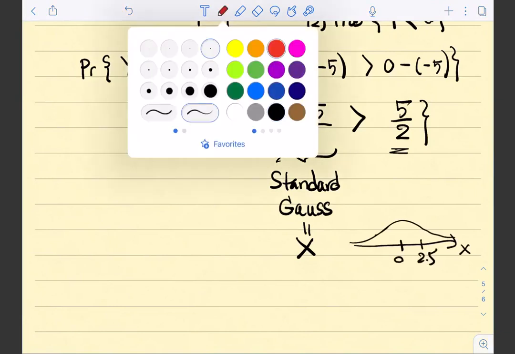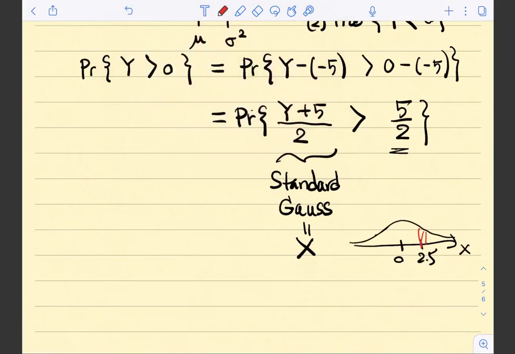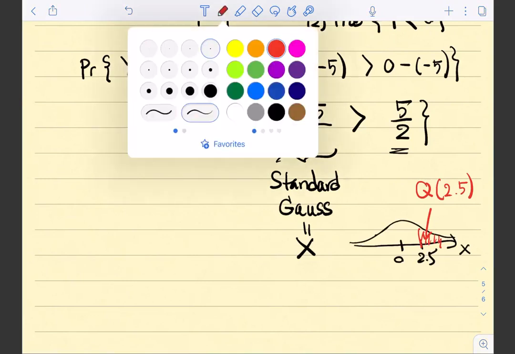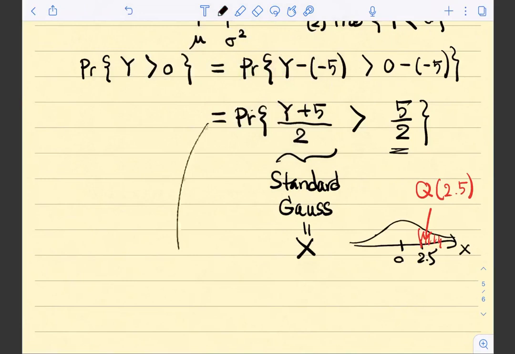That means I want the area bigger than 2.5, and that corresponds to the Q function of 2.5. So this is equal to Q of 2.5.